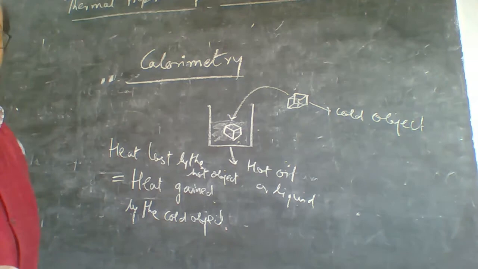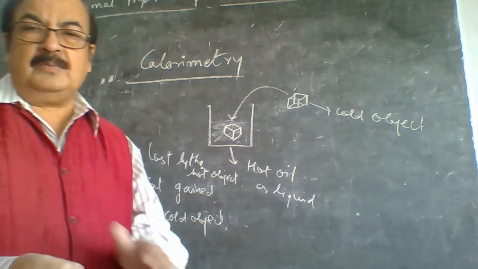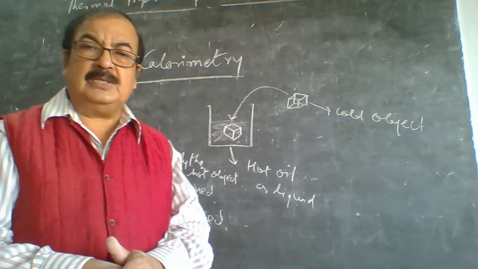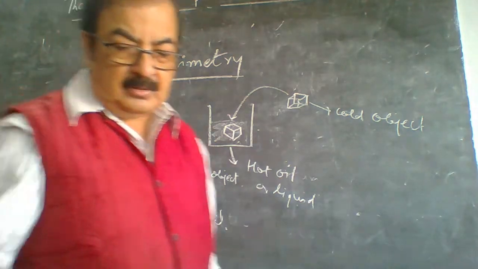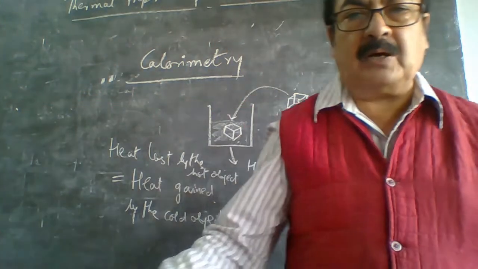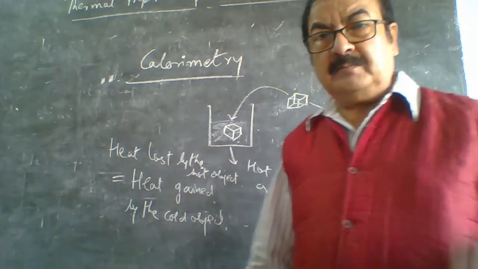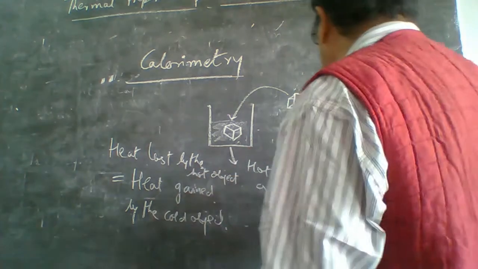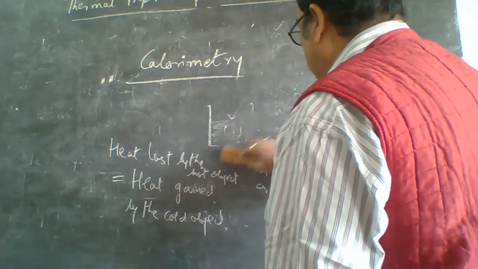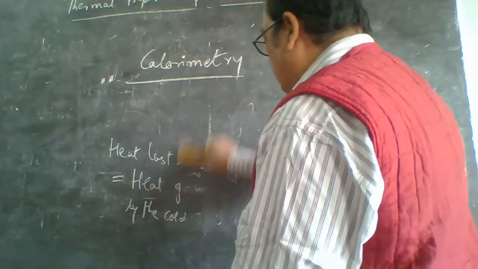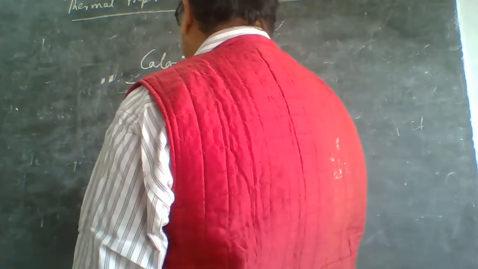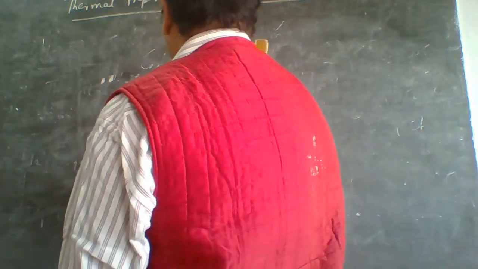Okay, now when we say calorimetry, if we don't show anything related to the calorimeter, it is really quite an abnormal thing. Let us show what a calorimeter actually looks like.